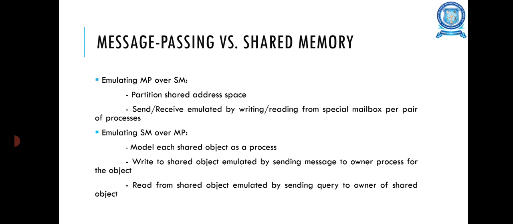Next one is emulating SM, that means shared memory over message passing. Here in this model, each shared object is a process, then write to the shared object is emulated by sending a message to the owner process for the object. Read from the shared object is emulated by sending a query to the owner of the object.